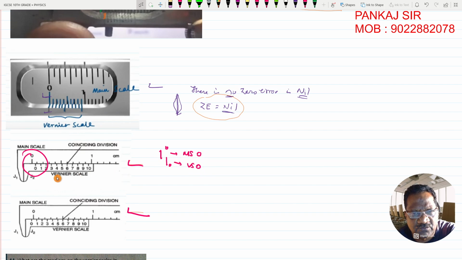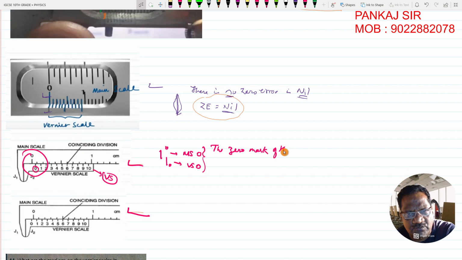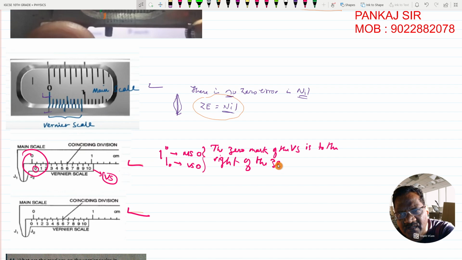Now can you see both these zeros are not only disaligned, but the 0 of the vernier scale, that is this 0, is on the right of the 0 of the main scale. So this situation you can write in this way: the 0 mark of the vernier scale is to the right of the 0 mark of main scale.